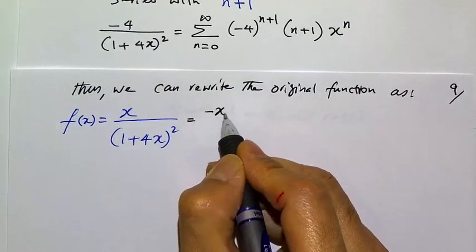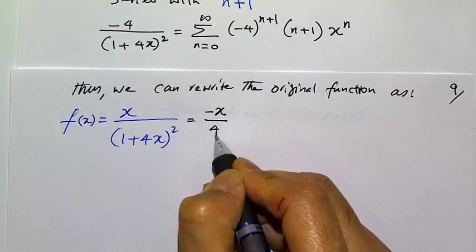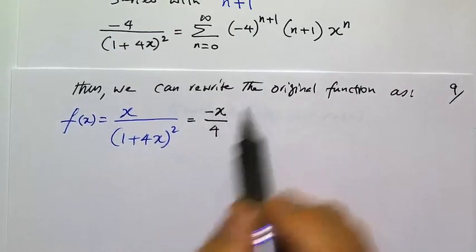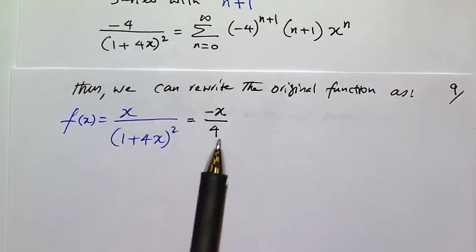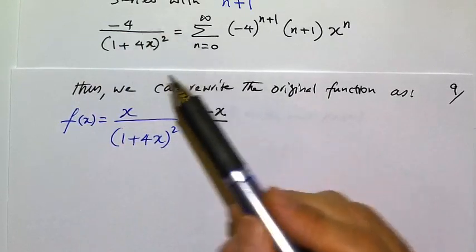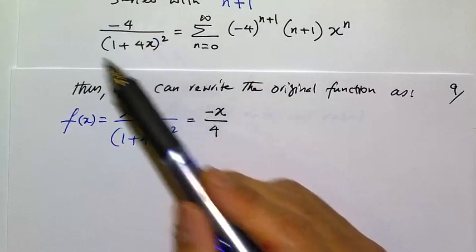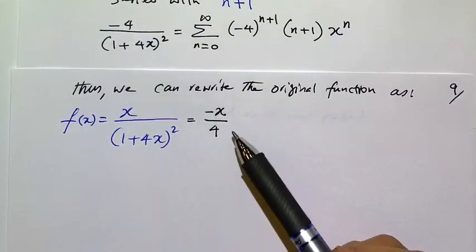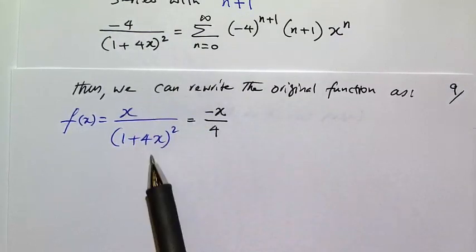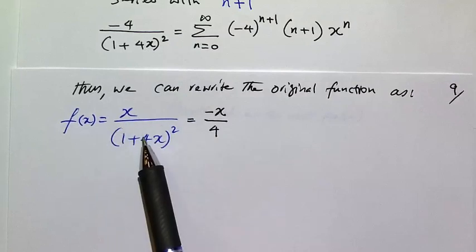So this is equal to minus x divided by 4. If you multiply this by that left side, you will get positive x over that. The 4 will cancel out, the minuses will cancel out, and you get x over that, which is what we have in this function.